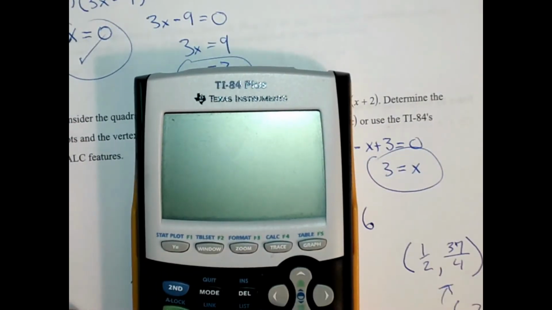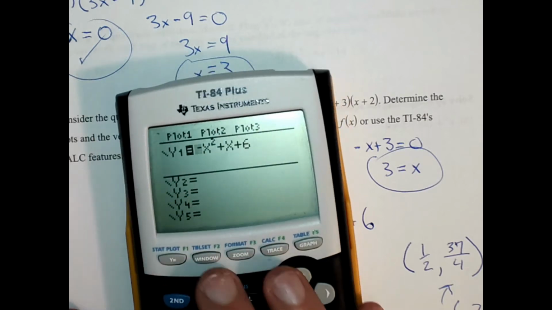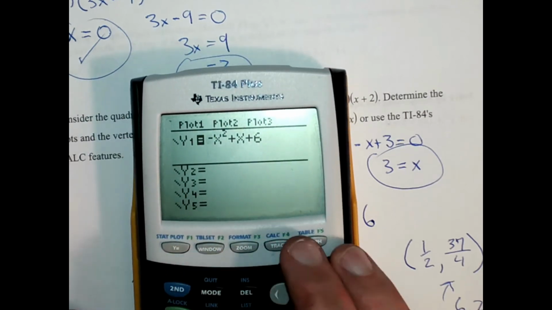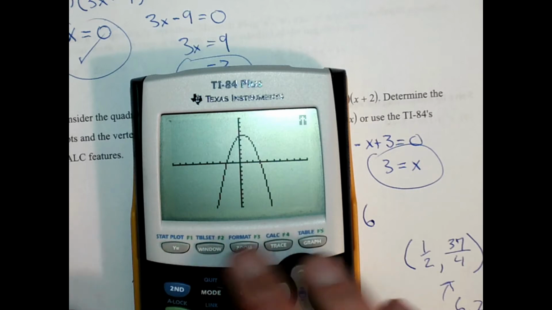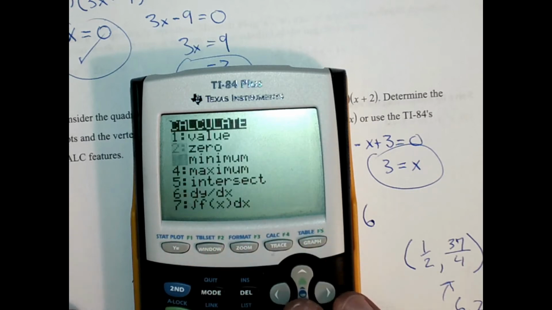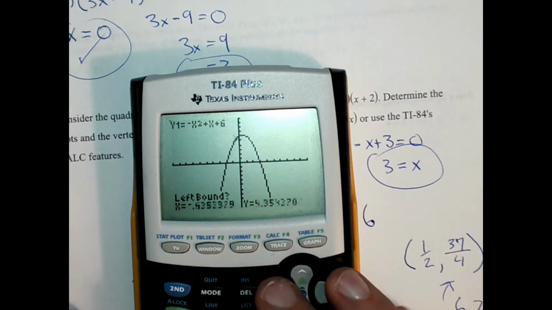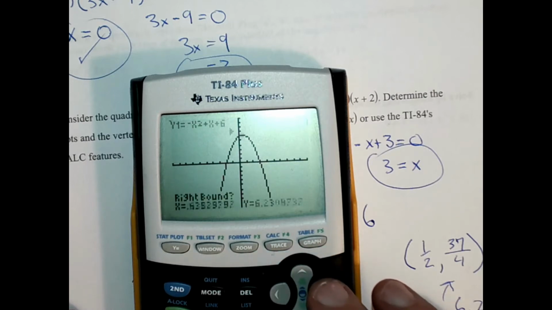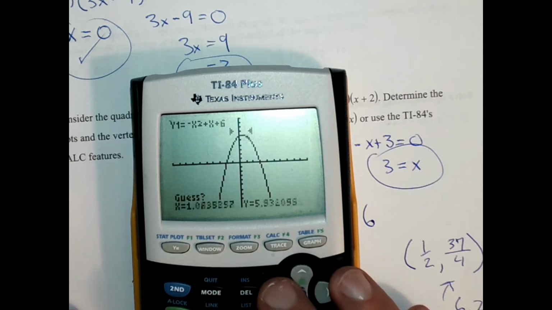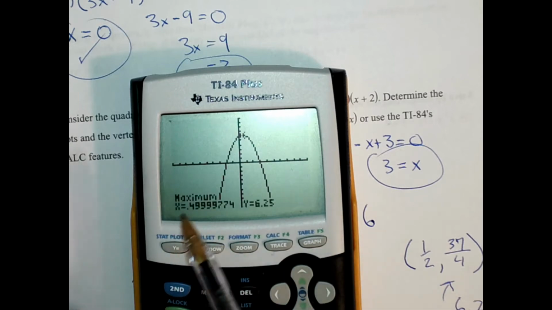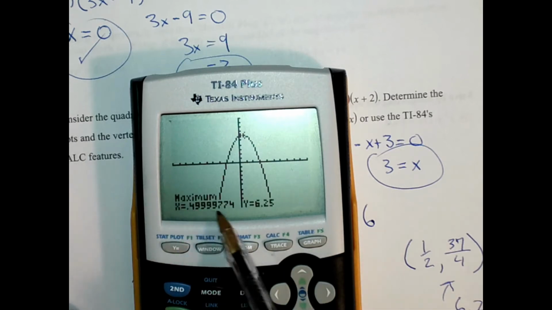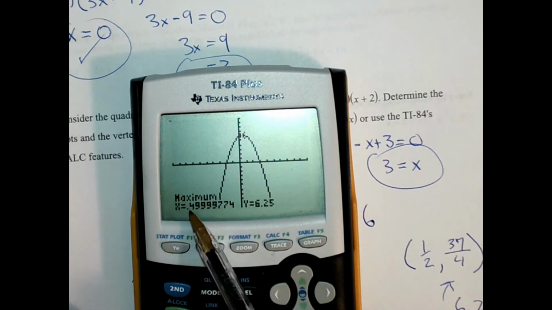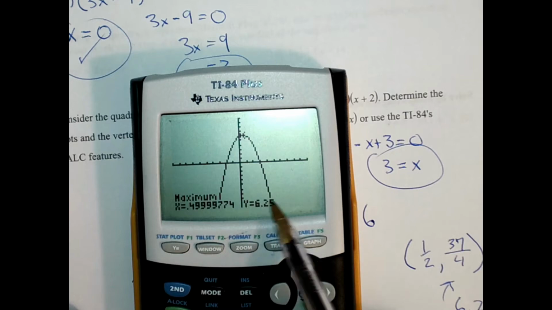Or, go to your TI graphing calculator, put your function into y equals, have a look at the graph, and then use the calculation features to find the maximum: left bound, right bound, guess. Lo and behold, the calculator won't always get it exact, but it'll get pretty close. You round that up to 0.5, and here 6.25, just like we thought. You can do the same thing to find the roots.